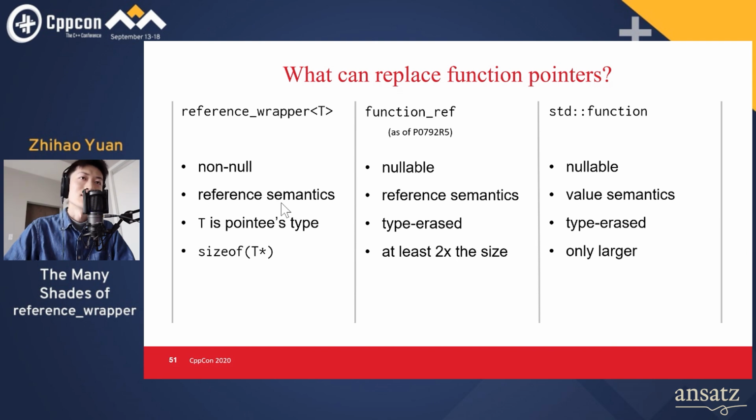Reference wrapper does not erase the pointee's type. function_ref and std::function perform type erasure. But reference wrapper is the smallest of all three. Its size is about a pointer size. function_ref is at least 2x that size, and std::function is only larger.